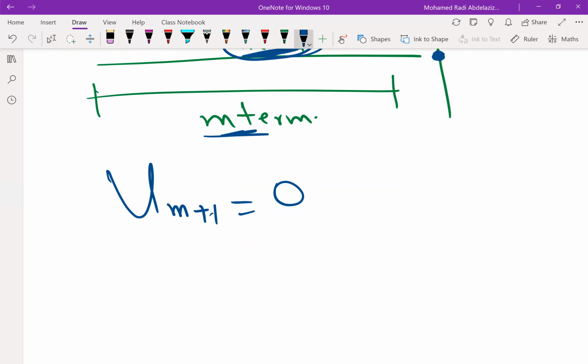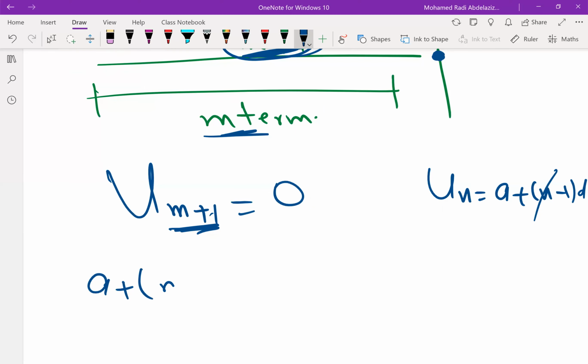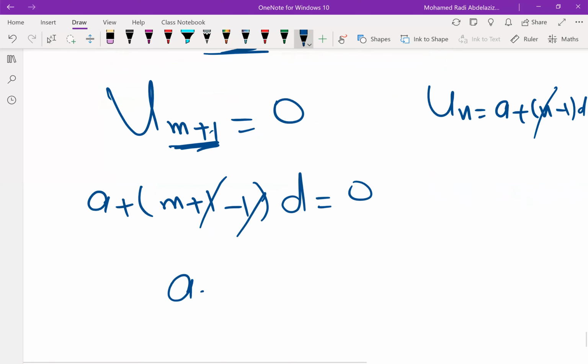U(m+1), we already have the nth term, a plus n minus 1 times d. But this is u(m+1), so replace n with m plus 1. So a plus m plus 1 minus 1 times d has to be 0. If you simplify, a plus md is equal to 0.